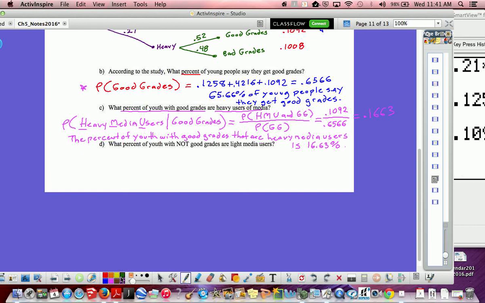All right, let's take a look at our last one here. It says, what percent of youth with not good grades are light media users? So now we're saying probability of light media users. So what's the probability that they're a light media user given that they have not good grades or bad grades?